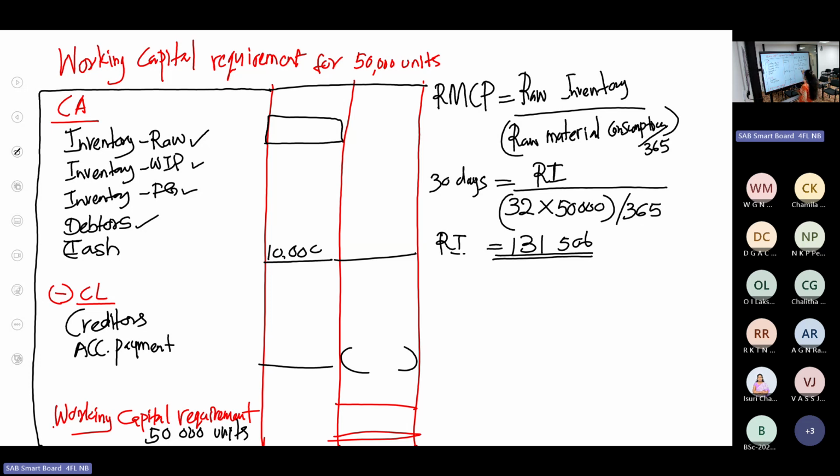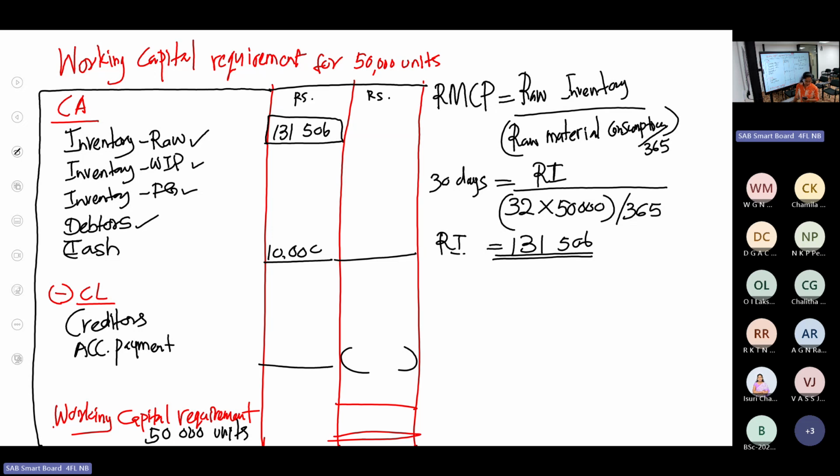Okay. You bring that 131,506 to the balance sheet that we have already created. I hope the process is now clear, right?